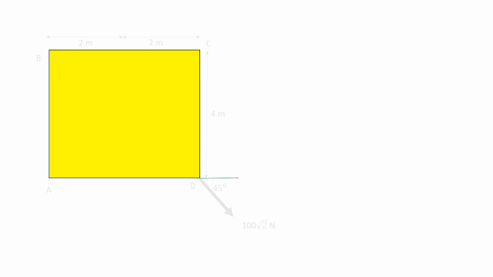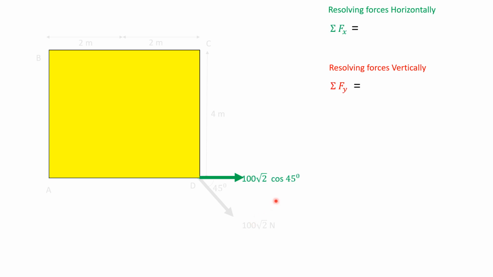Now, resolving forces horizontally and vertically, summation Fx and summation Fy. Horizontal components are 100 root 2 cos 45 directed to positive x-axis, and 100 Newton directed to positive x-axis, so plus, and 100 Newton directed to negative x-axis, so 100 Newton negative.